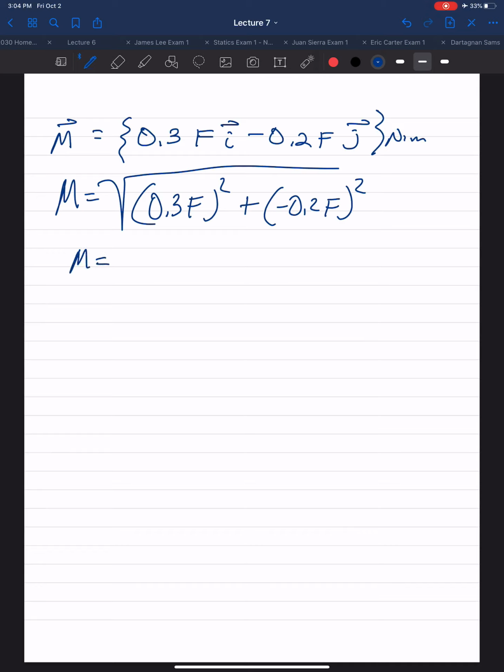So the magnitude of the moment is 0.361F. Well, they gave us the magnitude of the moment as 300 Newton meters. So that's equal to 0.361F. Solving for F, you get F is 832 newtons.